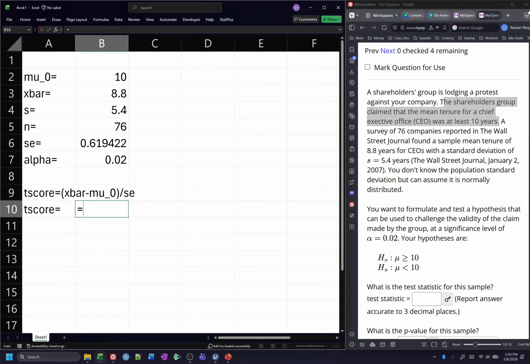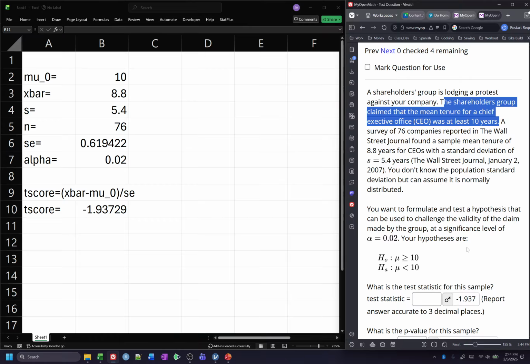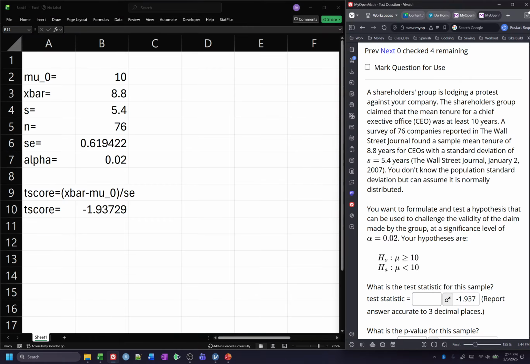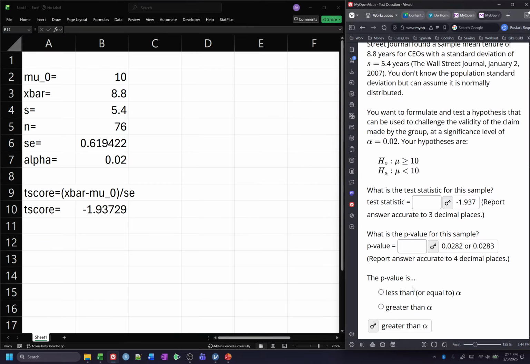Our t-score is going to be equal to, in parentheses, x bar minus mu, divided by the standard error. Here we go, divided by the standard error, and we get negative 1.9. Okay, fabulous. If we check our answer here, we see that yes, we did in fact get the right answer. The next thing that it asks us for is the p-value.